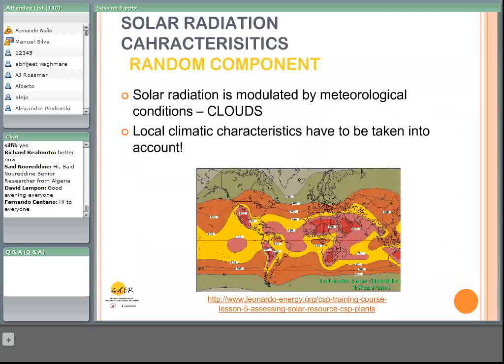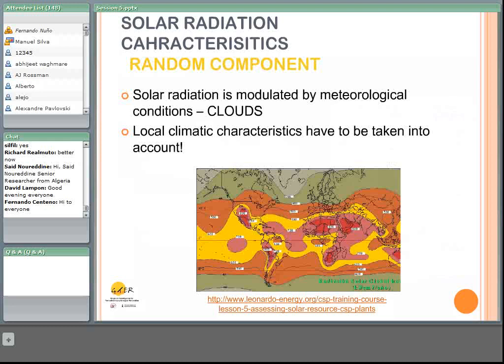Of course, it depends on the characteristics of the clouds. If we have very thin clouds, we may have some direct irradiance, but normally it's almost a digital value, all or nothing.